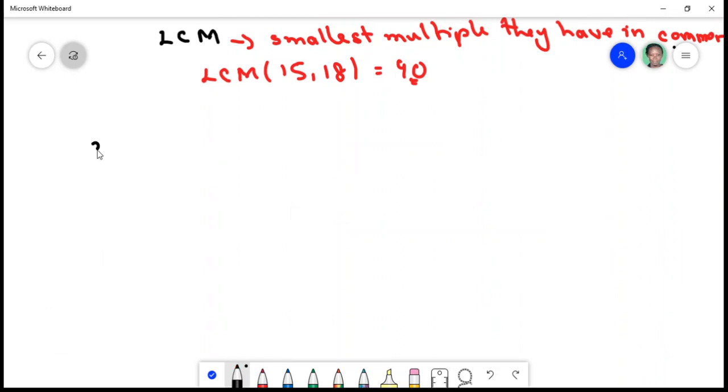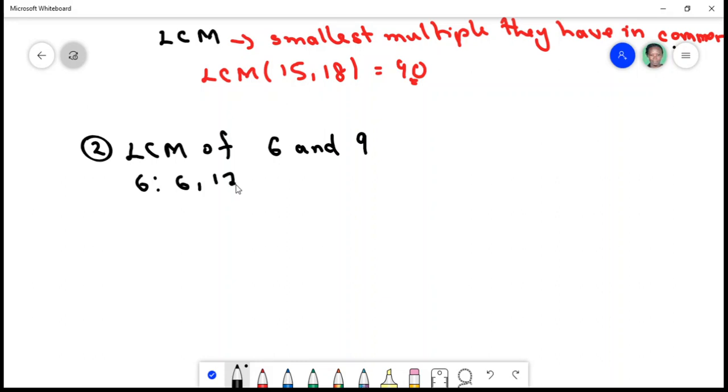Let me take another example. Example 2. LCM of 6 and 9. We first find the multiples of 6. What are the multiples of 6? You have 6, 12, 18, 24, 30, then on we go. Then the multiples of 9 are what?